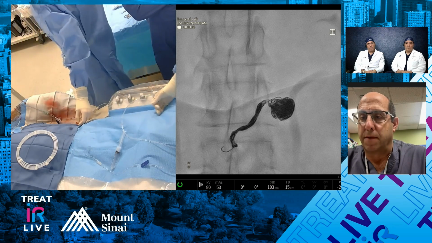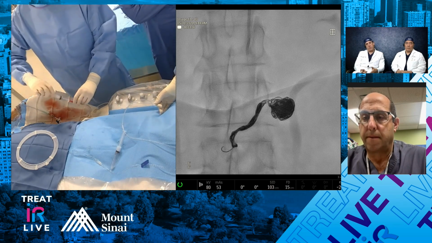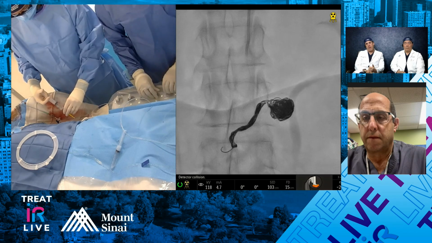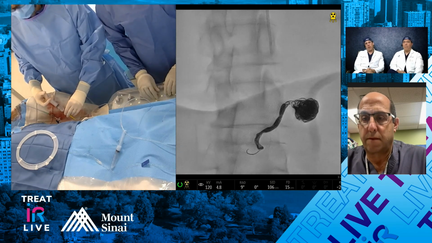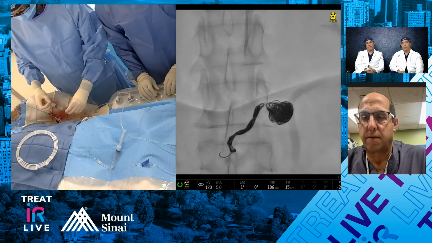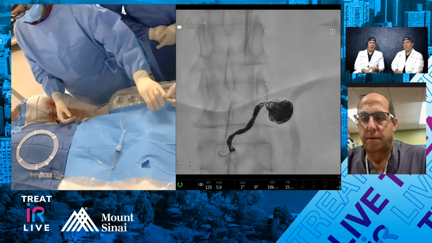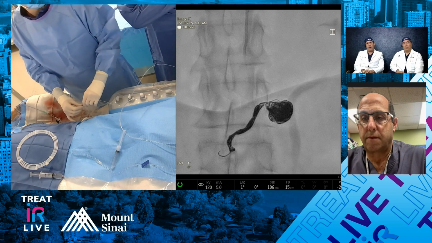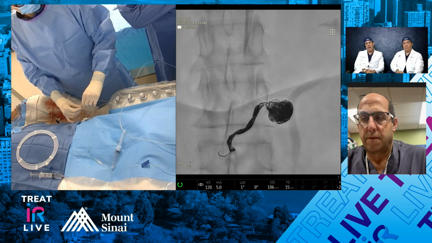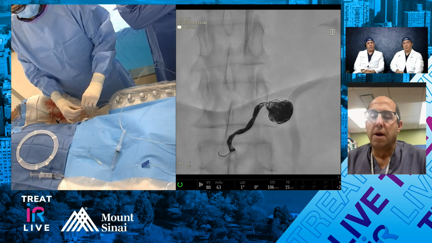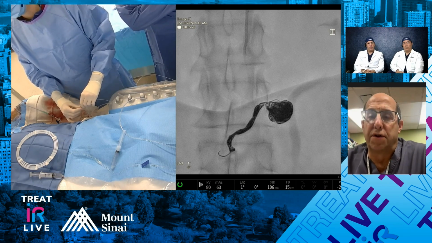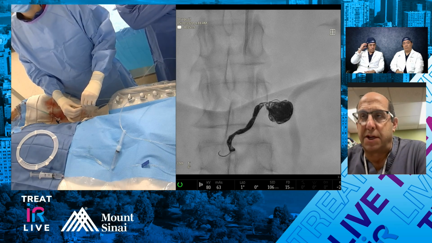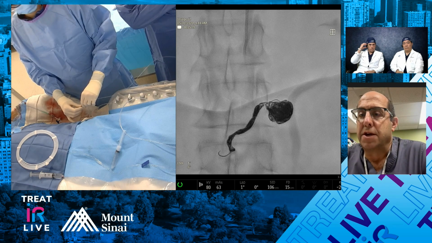I think one of the pluses of using a guide in a case like this is you could actually do angios behind your microcatheter to make sure that you have complete occlusion without having to remove your catheter and lose access, essentially. But outside of that, I don't see a huge benefit, and I think this case demonstrates that it probably can be done without a guide catheter. But the truth is, he's going to fill the space, and I would imagine you'll probably stop when you see a little bit coming into the proximal vessel, so you know that you're out of the aneurysm.